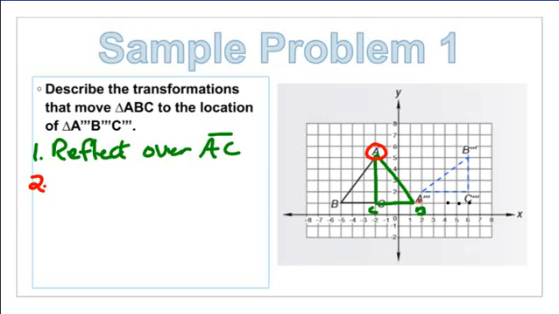If we rotate at 90 degrees, I can rotate this A so it's here. So if I do that, this is now A. And that means B is going to be down here.